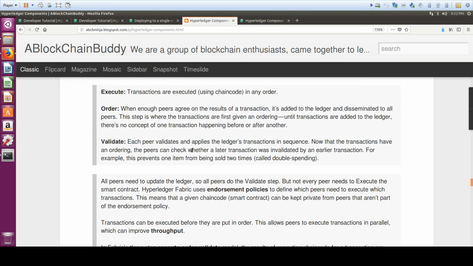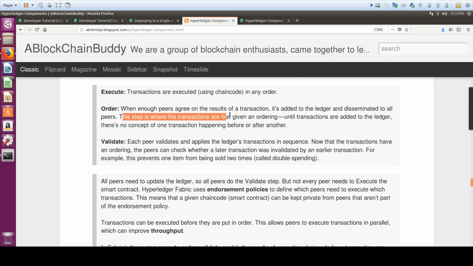Life cycle of a transaction. Hyperledger Fabric follows the execute, order, validate model. A transaction is executed in any order. When enough peers agree on the result of a transaction, it is added to the ledger and sent to all other peers to make them current.